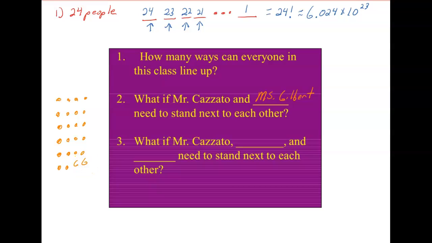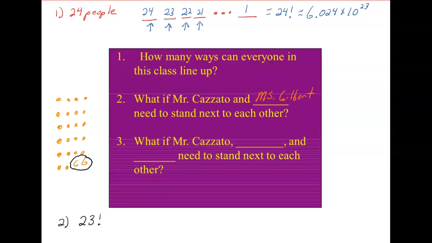So now consider this, how many objects or things are lining up at the door? So I'm going to circle myself and Miss Gilbert. So now if we were to count, there are 23 objects lining up at the door. So for problem number 2, we would say 23 factorial.